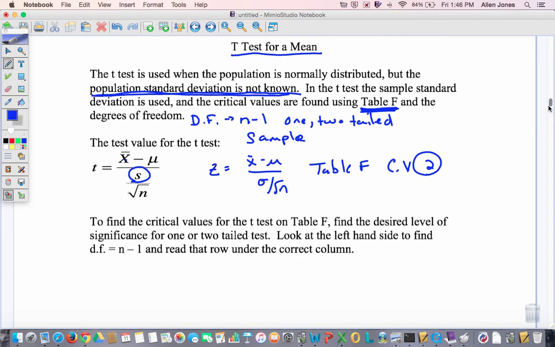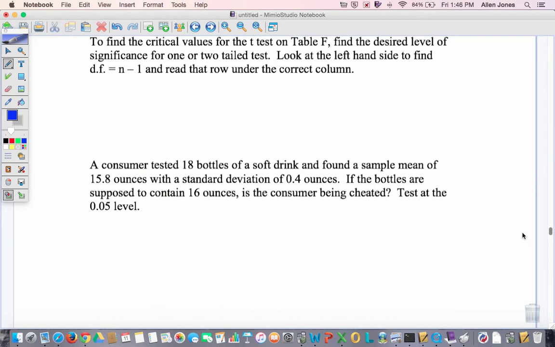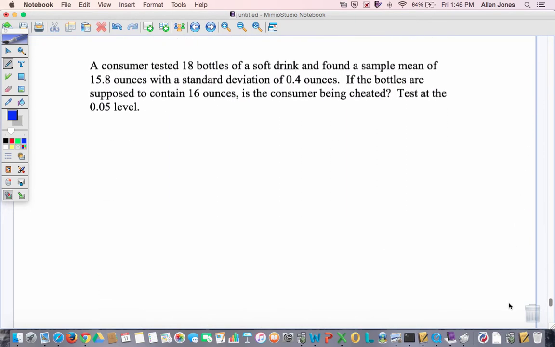So let's take a look at a few problems here that illustrate the difference between what we have been doing and our t-distribution. A consumer tested 18 bottles of a soft drink and found a sample mean of 15.8 ounces with a standard deviation of 0.4. So here, our standard deviation is of our sample of 18. So there's our sample standard deviation, or S. If the bottles are supposed to contain 16 ounces, is the consumer being cheated?